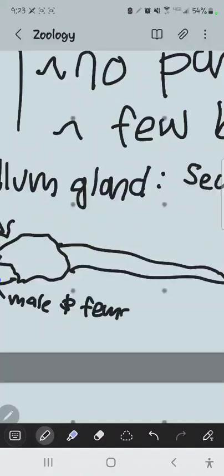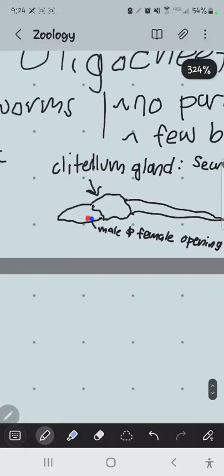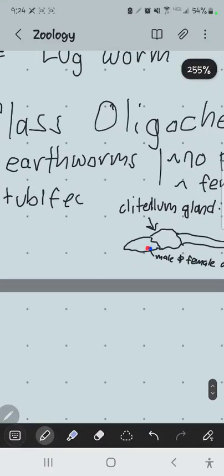What they then do when they're mating is orient themselves head to head, like this. So here's the other worm. And these oligochaetes are hermaphroditic, so they have both male and female gonads.